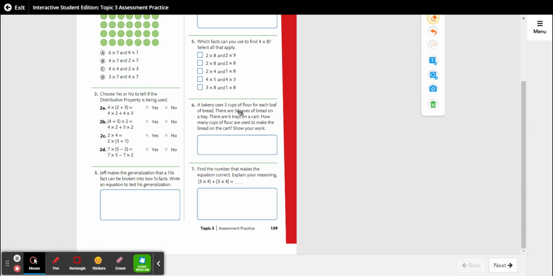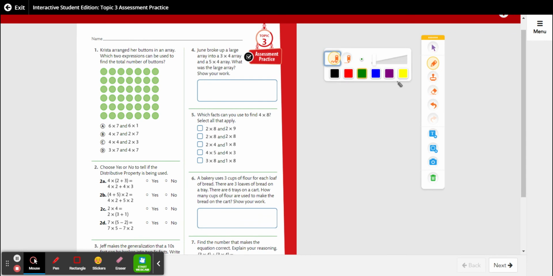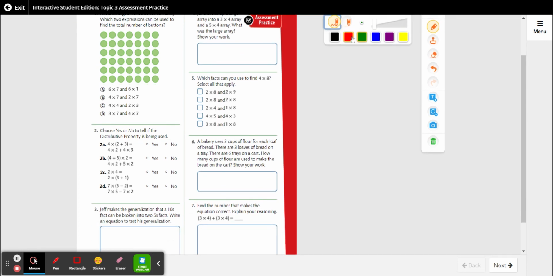So a bakery uses 3 cups of flour for each loaf of bread. So how can I represent that visually in a picture? First, I'm going to get out my drawing pen. I don't think I want green bread. Let's make blue bread. It'll be like made with blueberries. It'll be delicious.